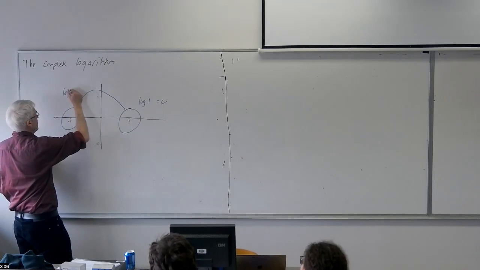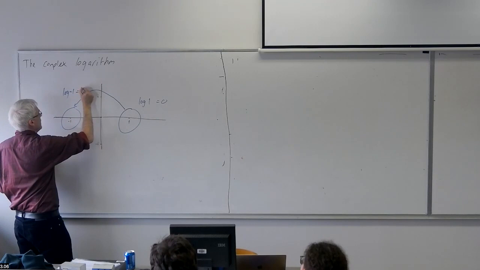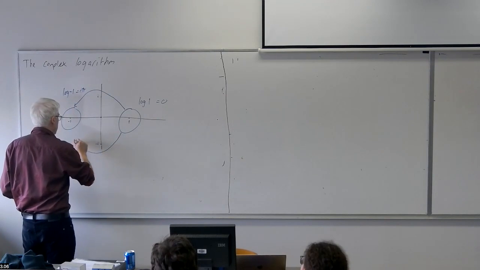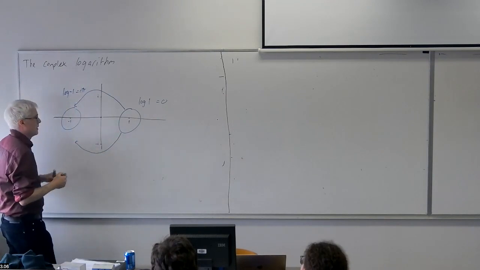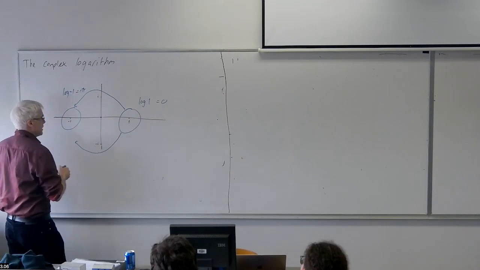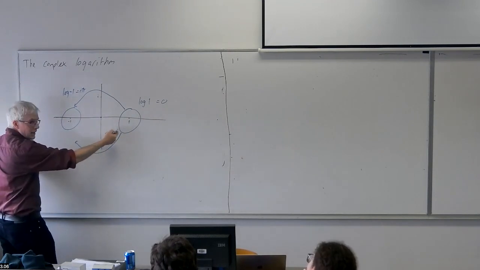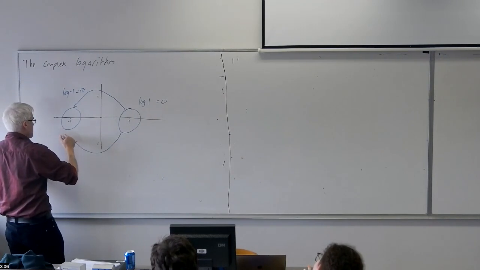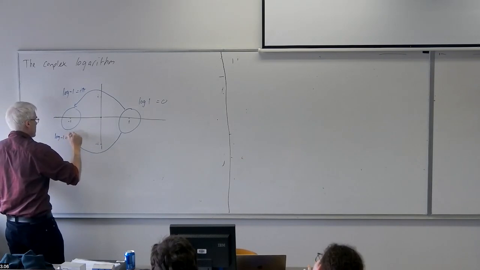So when we get this way, we'll get the log of -1 is i pi. But if you go this way around, then we're going to start going into i times negative numbers to get here. We'll get the log of -1 is minus i pi.